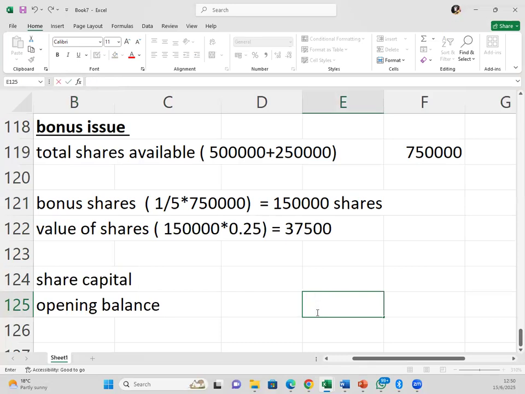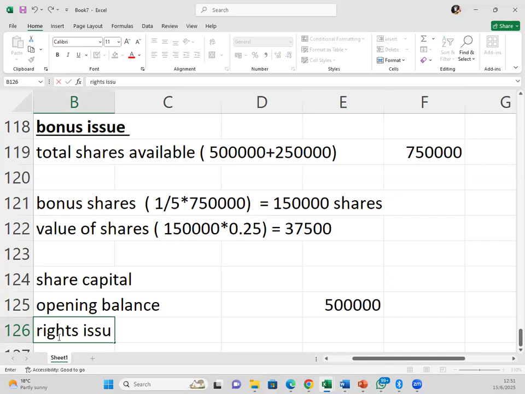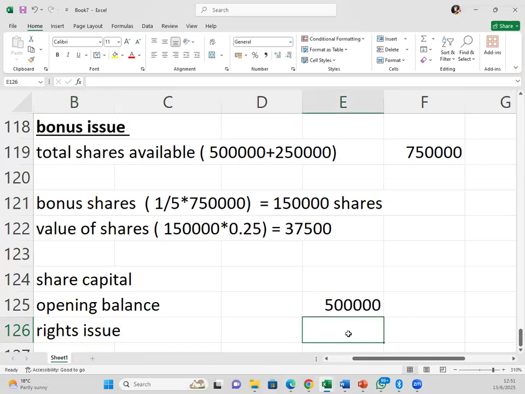Dealing with the shares, we started with 500,000. Then we increased our shares through a rights issue. With the rights issue, we increased our shares by 250,000.